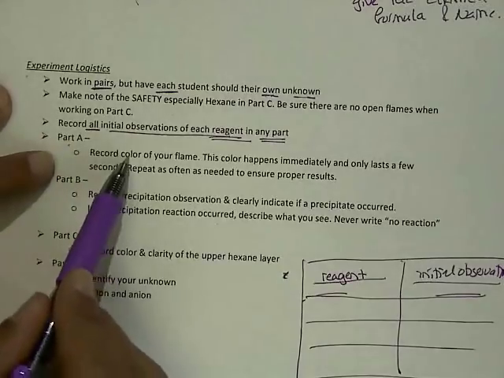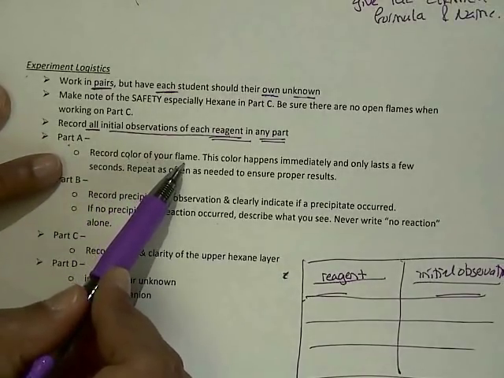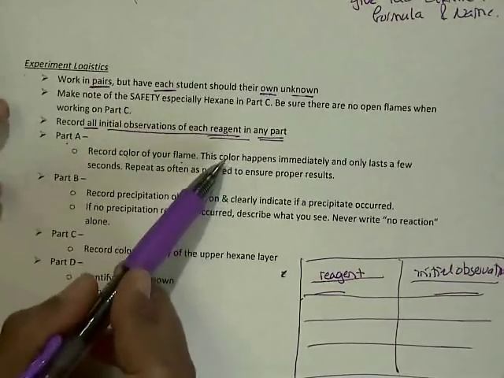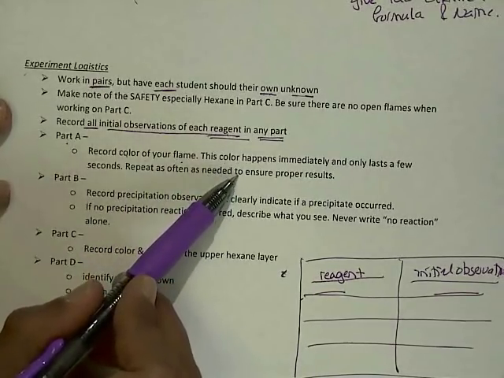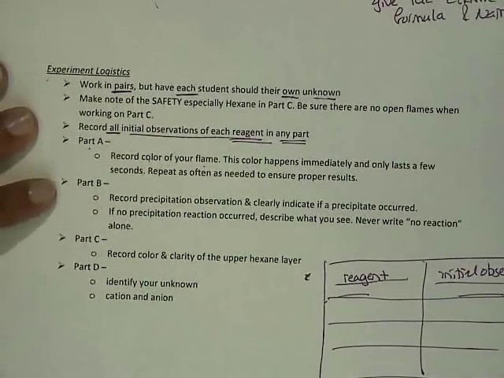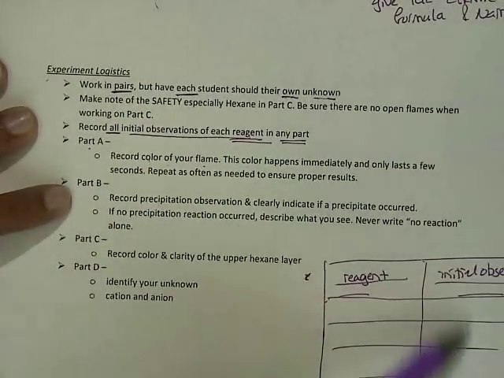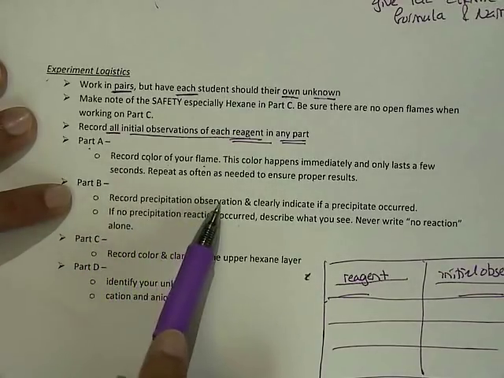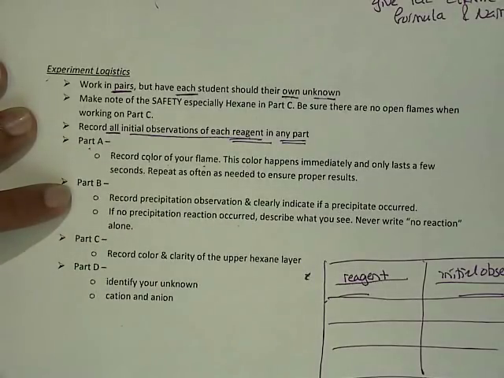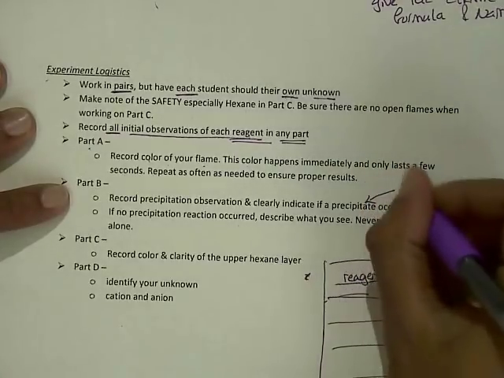In Part A, you need to record the color of your flame. Note, this color happens in a matter of seconds. So if you didn't catch it once, do it again. This is a very fun experiment, so I really hope you do enjoy it. In Part B, you have all your initial observations. In addition to that, I want you to record the precipitate observations and clearly indicate if a precipitate occurred. Don't just say a precipitate occurred, describe what it looks like.